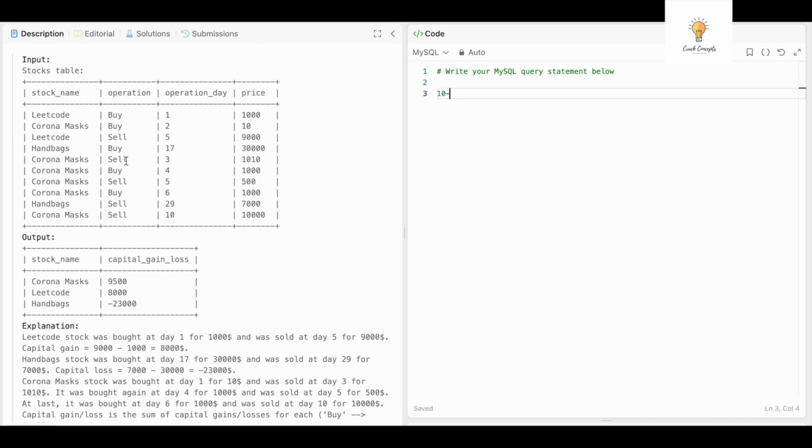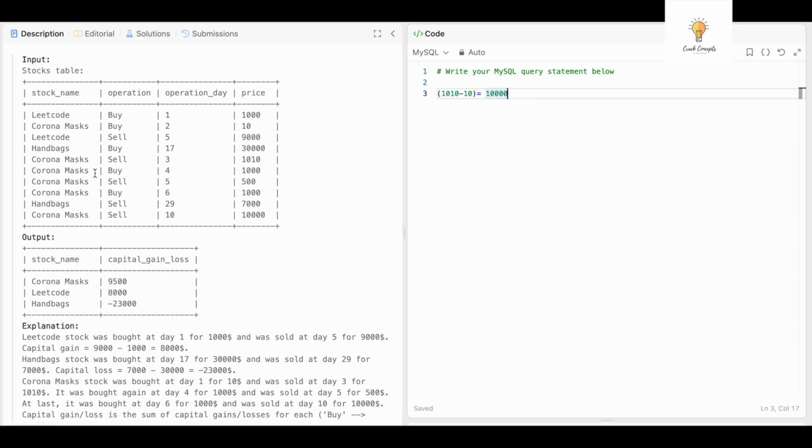Then it was sold on operation day 3 at the price 1010. So there's definitely a gain over here, which is 1000. It was bought at 10 and it was sold at 1010. So 1010 minus 10, this will be our gain the first time.